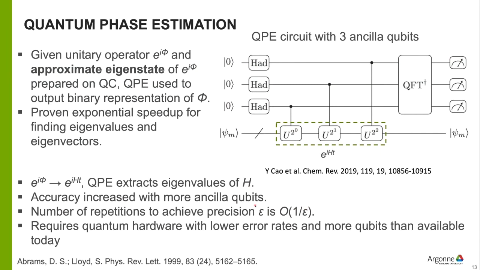But the main problem is that for any useful system that can be studied with classical computers, this algorithm would require thousands of qubits and millions and billions of gates, which is many years away from being a reality.